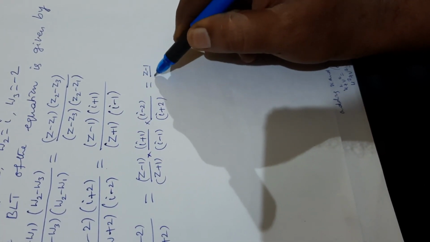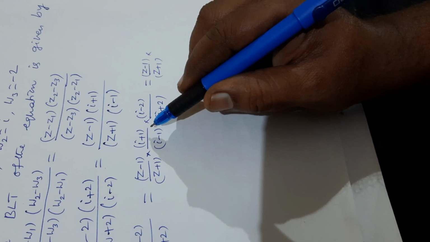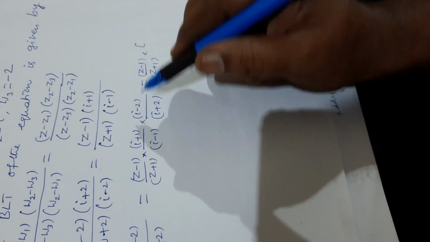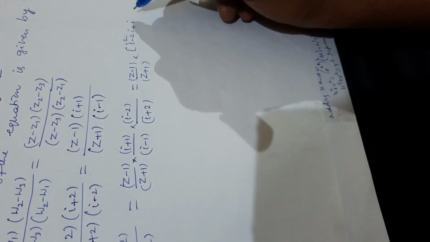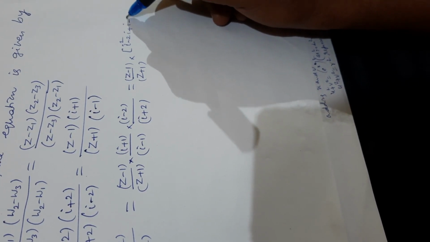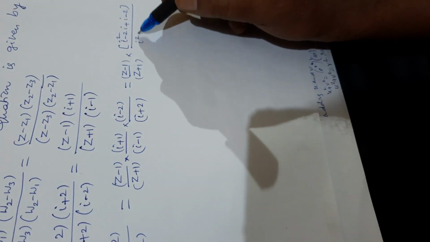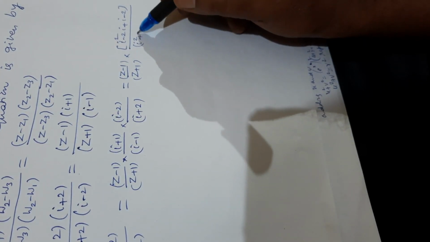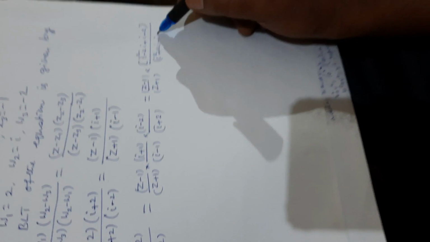The product of these functions, multiplied by each term: i into i squared minus 2i plus i minus 2, and in the denominator, i into i squared plus 2i minus i minus 2.